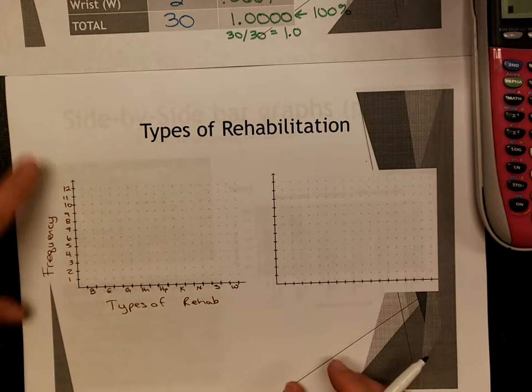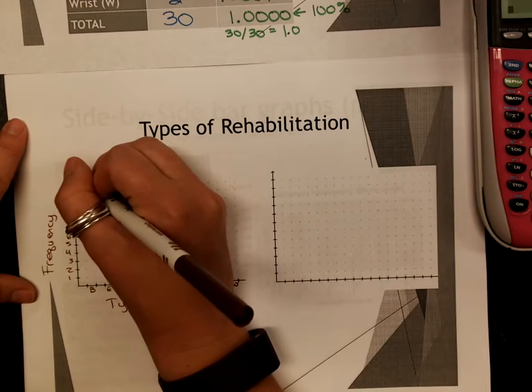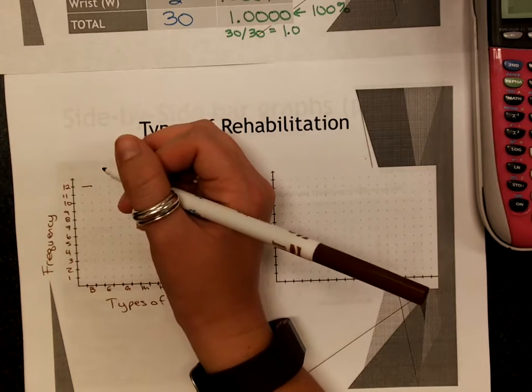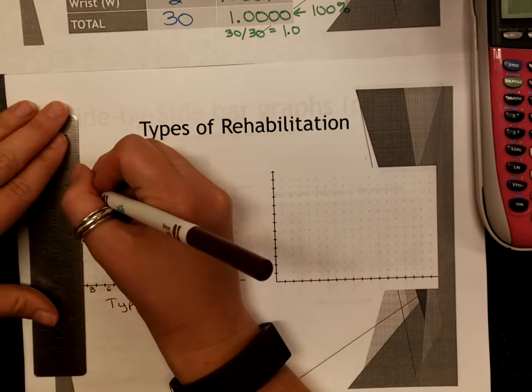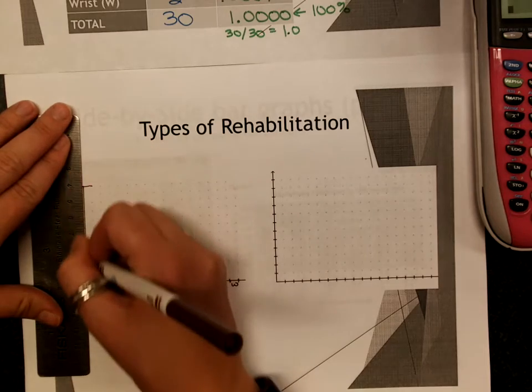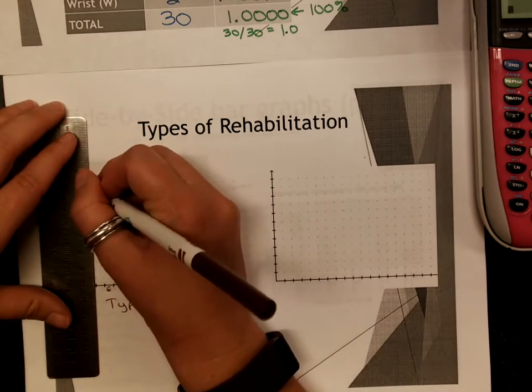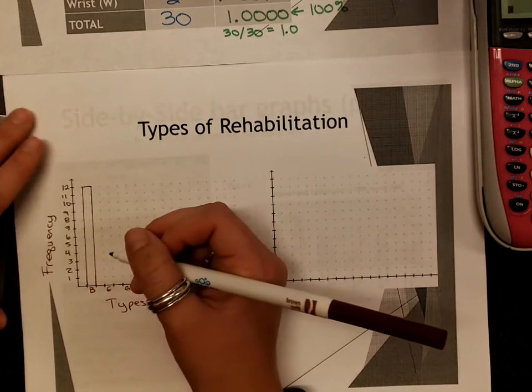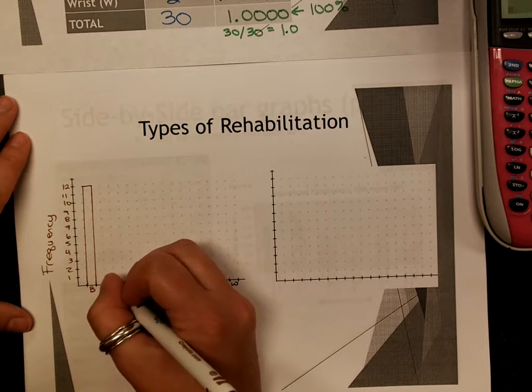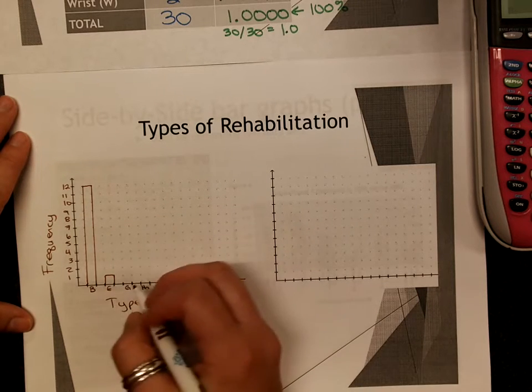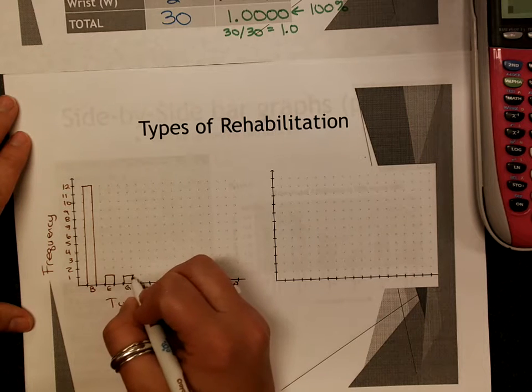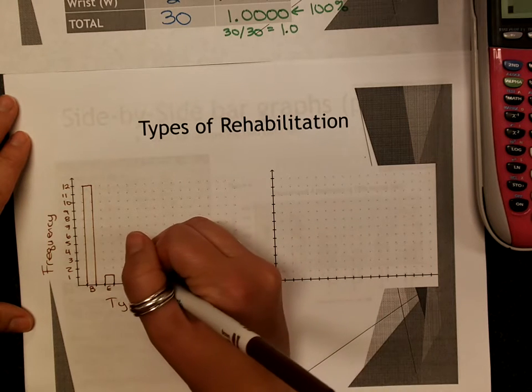And then for the first one, back, we're going to go all the way up to 12. You might want a ruler if you want your lines to be nice and straight. Nice, very tall bar for back, all the way up to 12. Then for elbow, we just have 1. Groin, we just have 1. Hand, we have 2.